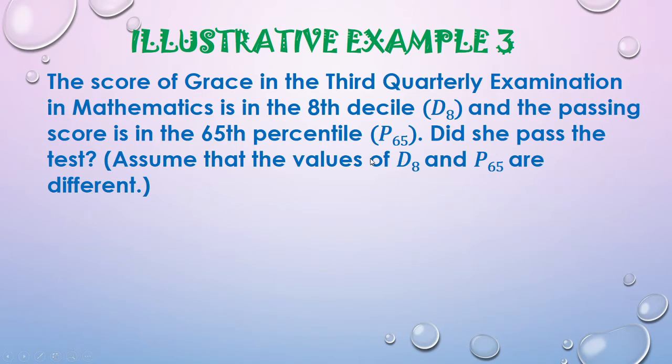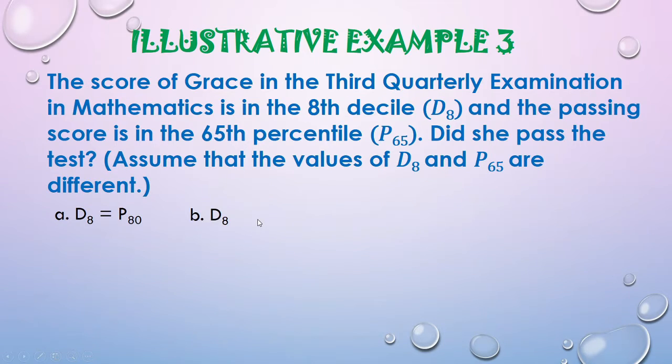Okay. Ngayon, ang given dito is the 8th decile. Ang 8th decile is equivalent to P sub 80. Pero ang sabi dito ay magkaiba ang value ng P sub 65 and D sub 8. Kung magkaiba sila ng value, ano ang mas malaki sa dalawa?